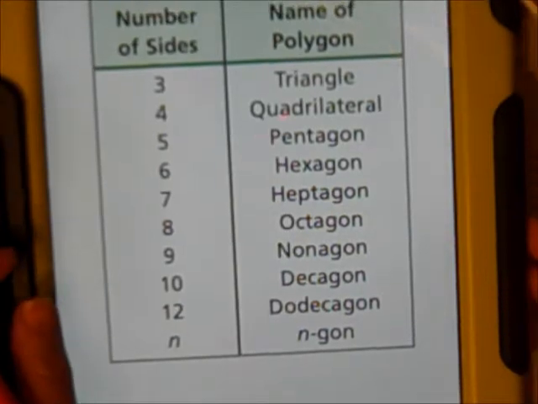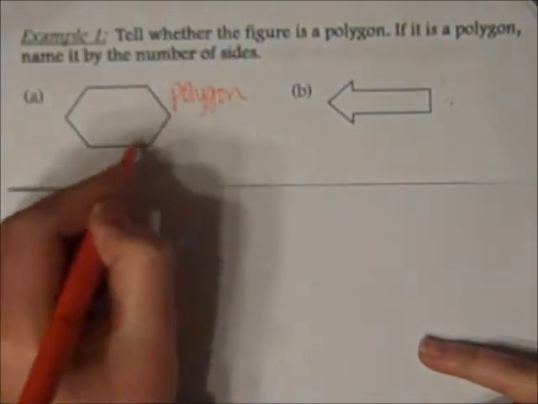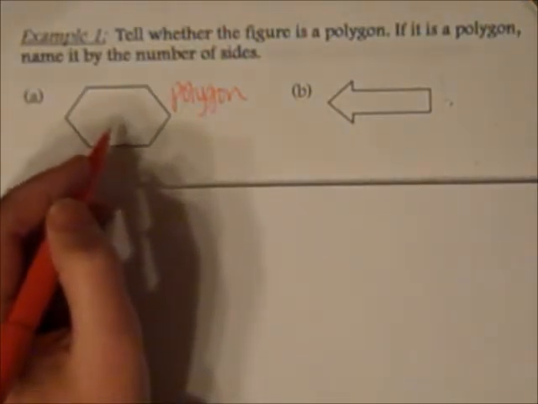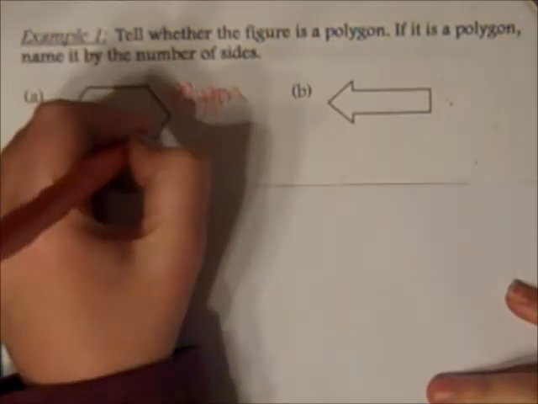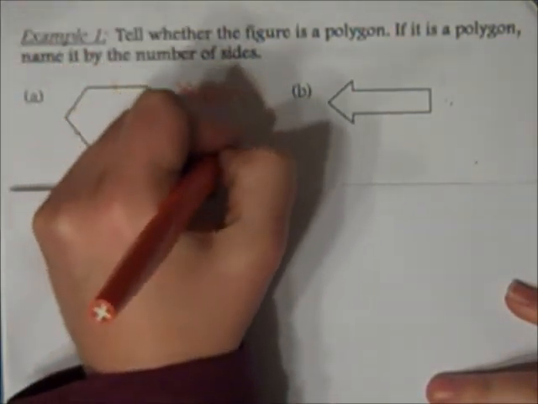Okay, so the first example, we are going to just tell if it's a polygon or if it's not, and if it is, how many sides does it have. So this would be a polygon because the sides are straight lines, and it doesn't cross in the middle, it's not open, so this means a polygon. And so we just count the sides: 1, 2, 3, 4, 5, 6. This has 6 sides, so it's a hexagon.